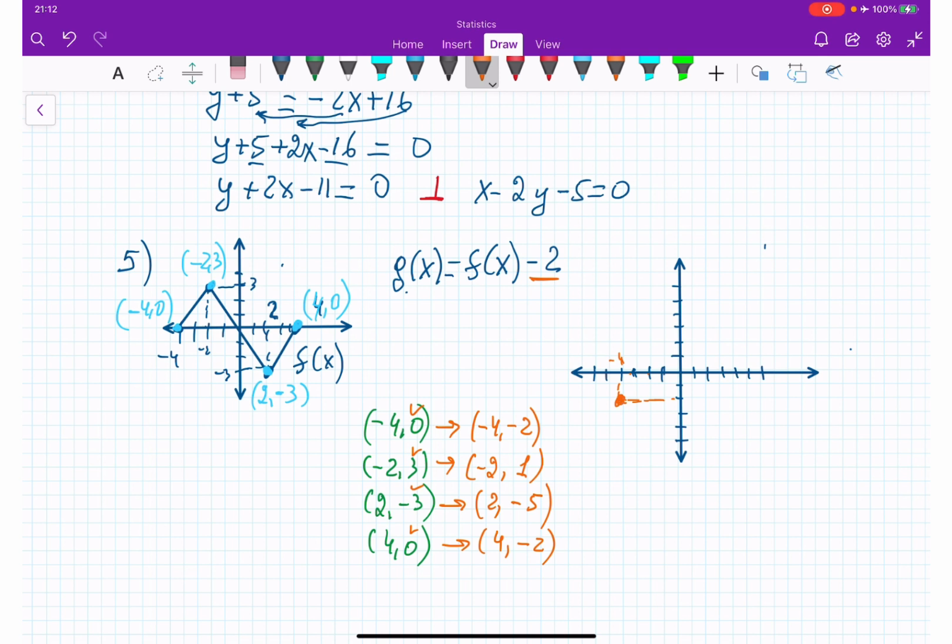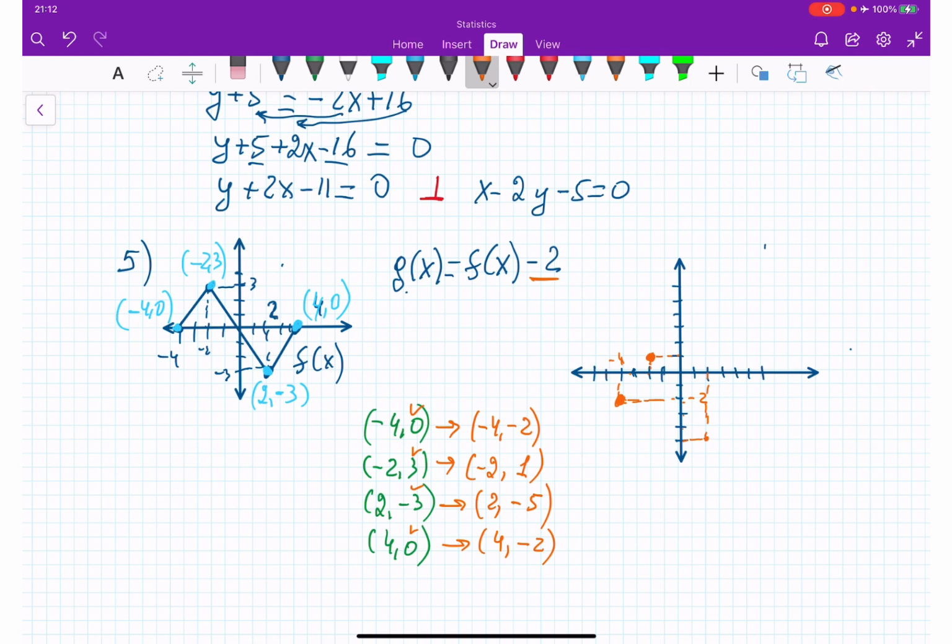This is my new point. Next, negative 2 and 1. This is my second point. Third, 2 and negative 5. This is 2, 3, 4, 5.